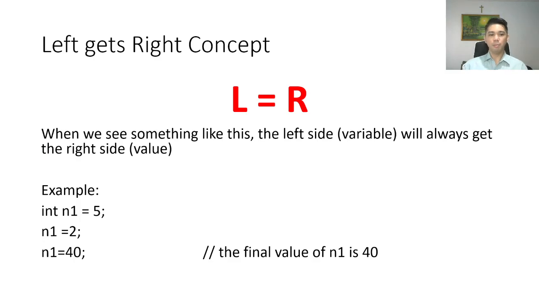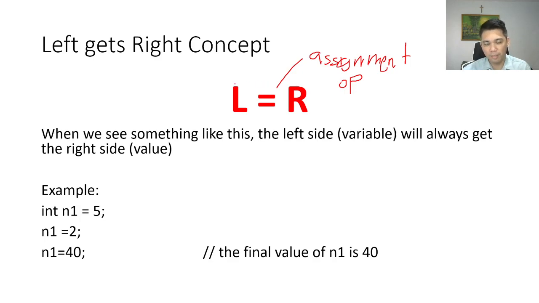Now, as you may have noticed, we are actually always using the equal sign. I call this the left gets right concept. This equal sign again, we call as the assignment operator. Why is it called the assignment operator? Because using the equal sign, it enables a variable to be assigned a value.